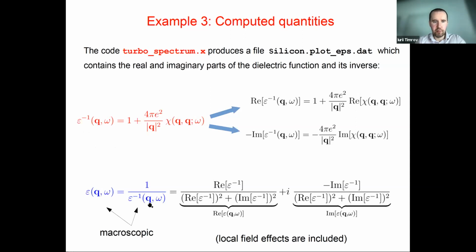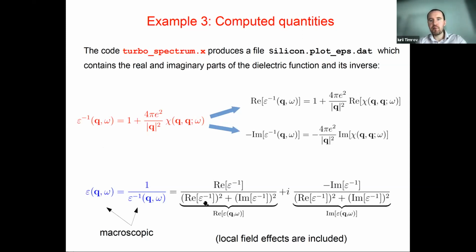So these are macroscopic functions, and local field effects are included in the calculation. If it was a microscopic matrix, 1 over epsilon^-1 would mean that we are neglecting local field effects. But in this case, we have already computed epsilon^-1 fully and it's macroscopic, so 1 over epsilon^-1 gives us epsilon.